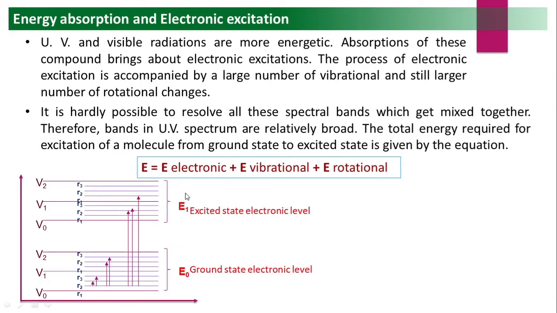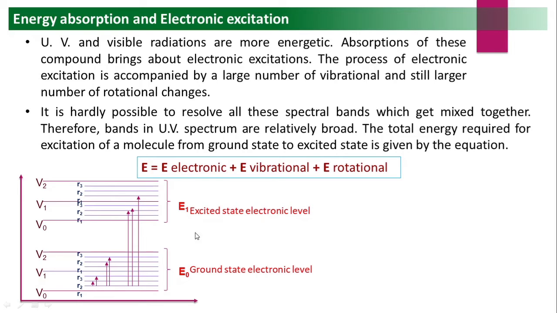So if energy is absorbed, there will be some rotational, some vibrational, and some electronic excitations. While doing the electronic excitation, it is possible that there are vibrational excitations from one vibrational level to another, or rotational excitations from one rotational level to another.